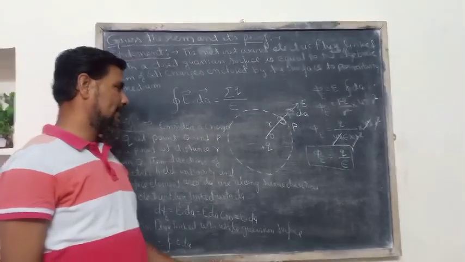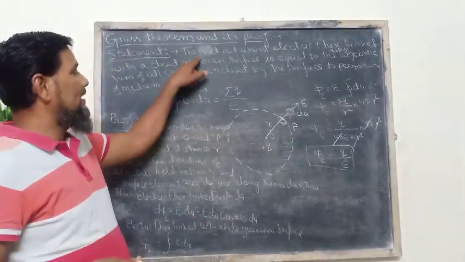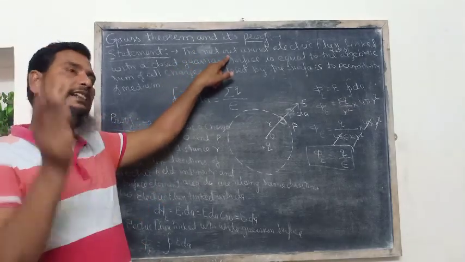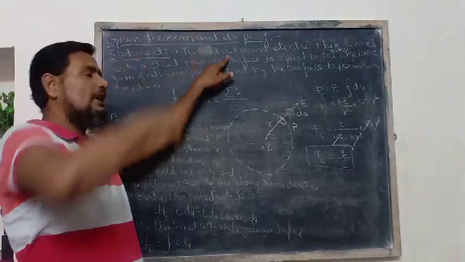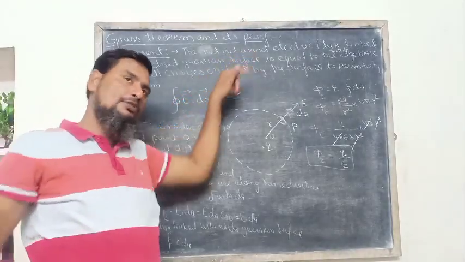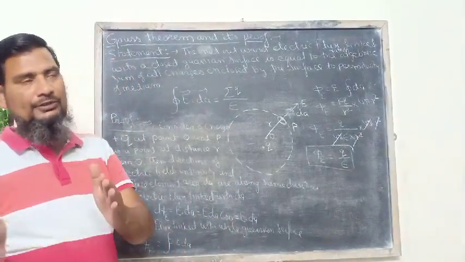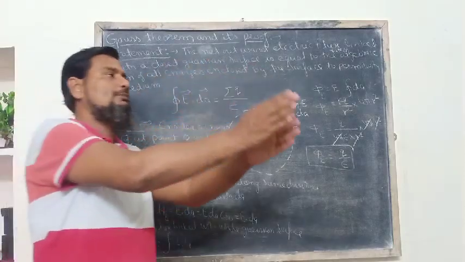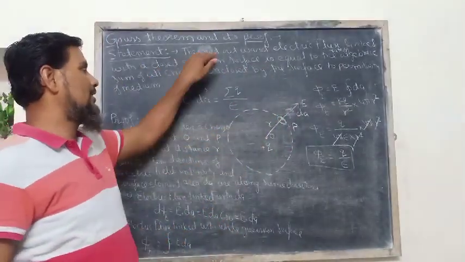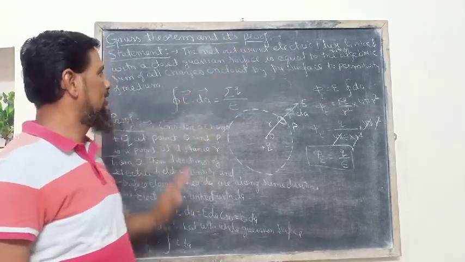So regarding Gauss theorem, we also remember that net outward flux means the number of electric lines of force entering and coming out from the surface. The number of electric lines of force entering the surface are taken with negative sign, and the number coming out from the surface are taken with positive sign. So net outward flux is equal to outward positive flux minus negative flux.